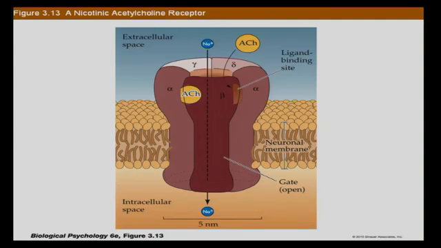Okay, great. So let's go back. Okay, so we talked about endogenous and exogenous ligands. All right, can be excitatory and inhibitory. And so we were at this example of the protein structure of an excitatory receptor protein for acetylcholine.